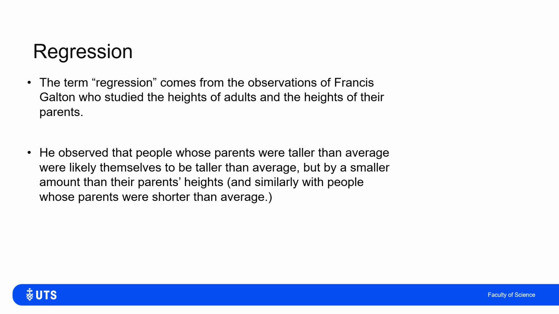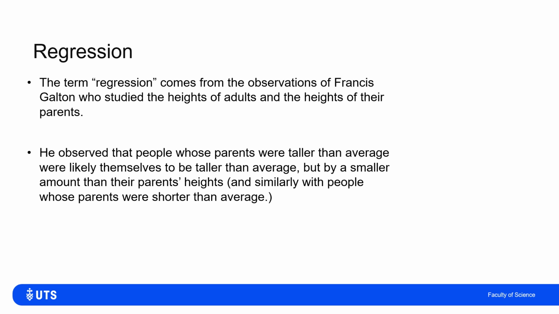What he saw was that taller children, as adults, tended to have parents who were above average. But the interesting part was he didn't just observe that there was a connection between the heights of people and the heights of their children, but that it was generally by a smaller amount.